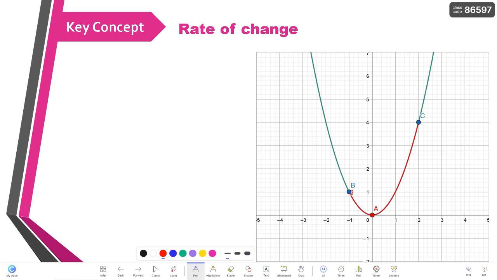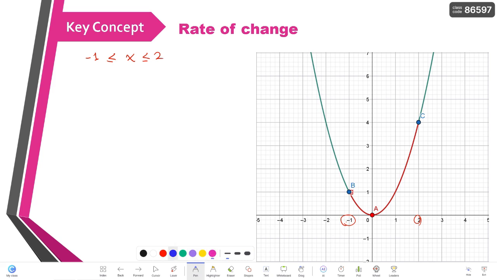This part starts from -1, our first boundary, which is the least value, and ends at the point 2. So we want to find the rate of change when x is greater than or equal to -1 and less than or equal to 2. This is the boundary of this interval, the red section.